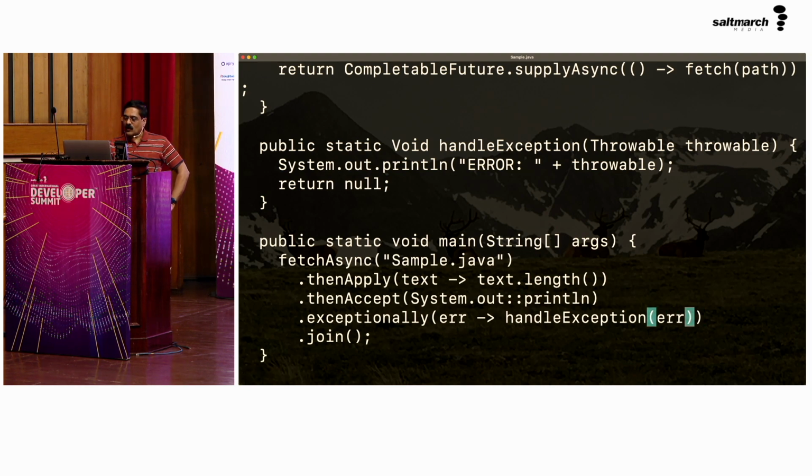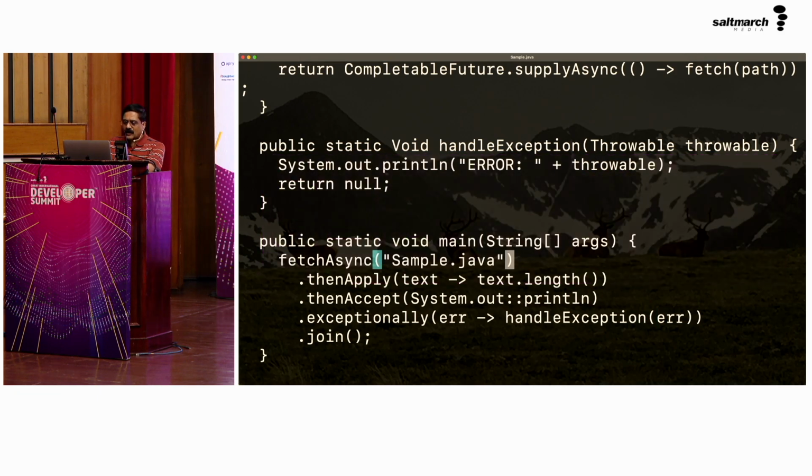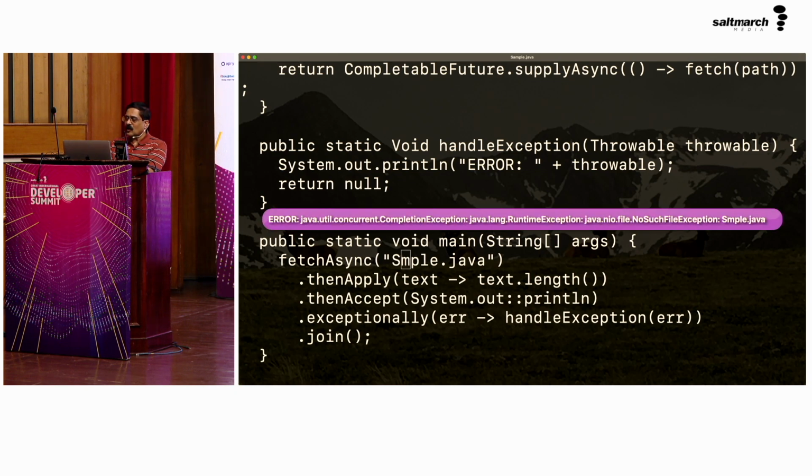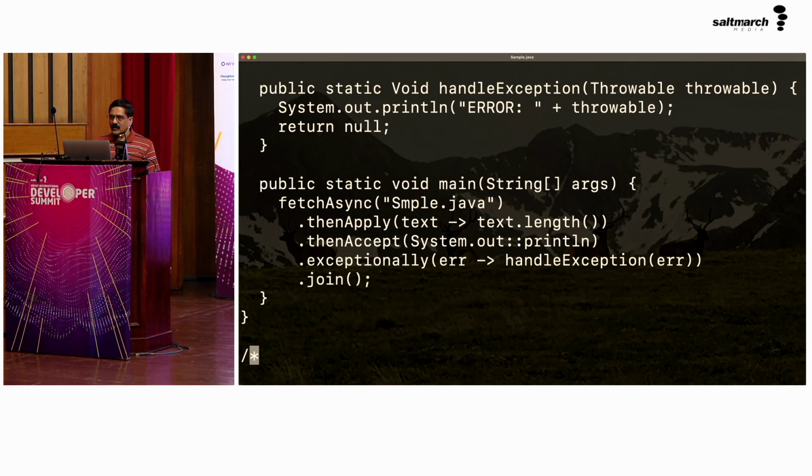So I run the code right now. It got you the result. But I go back to this file and I change that. And I run the code. What does it do? It says error. And then it tells you that a sample without the A is not a valid file. Okay, so far? That is asynchronous.